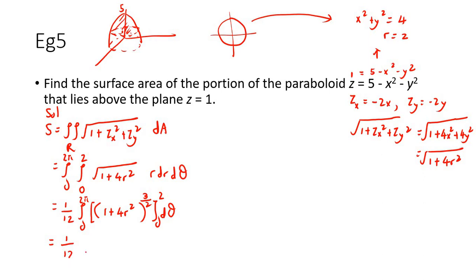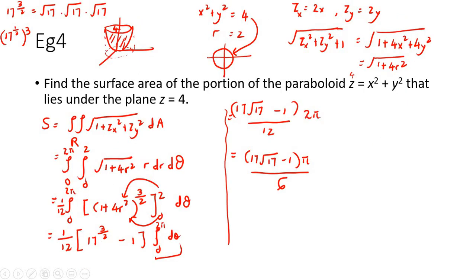Then plug in the upper limit 2: 2 squared is 4, 4 times 4 is 16, 16 plus 1 is 17, to the power 3 over 2. Plug in the lower limit, so minus, this one is 1 plus 0, 1 to any power gives 1, d theta. And the answer is the same as example 4, because the limit is also 0 to 2.